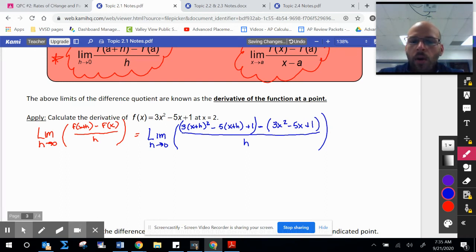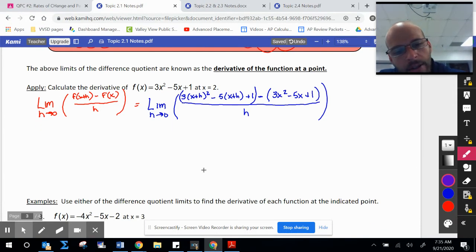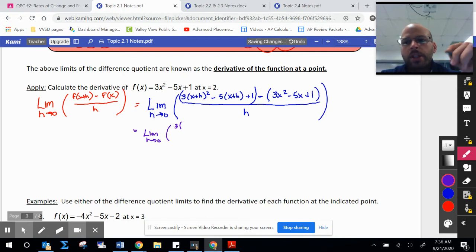Now I need to reduce this, and we did this way back in Unit 1. I am going to try to simplify this the best I can. I'm going to start by squaring the binomial x plus h. You'd have to write it twice and do all that distribution.